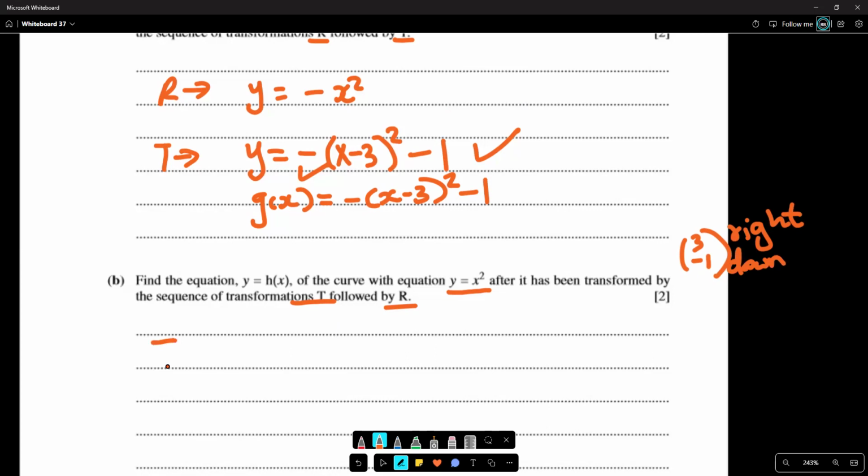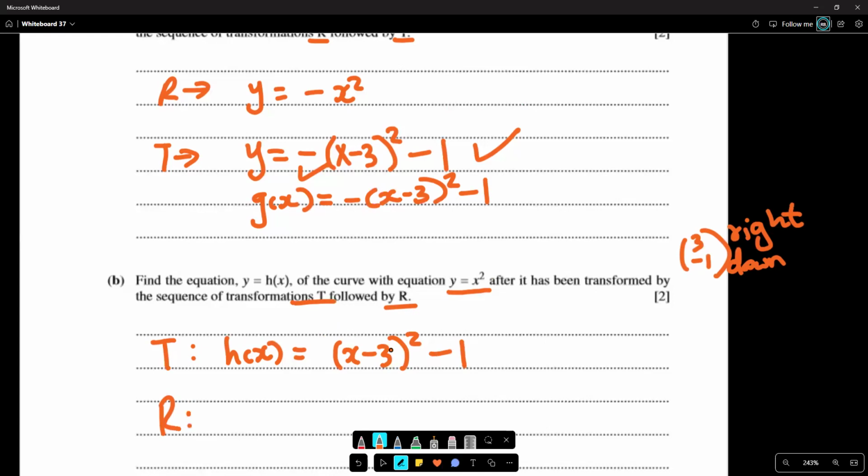So we start by T. By T, we have h of x. We have to move this 3 units to the right, so x, remember, to the right will be minus, and then down. And then when we perform R, we're going to make everything negative.